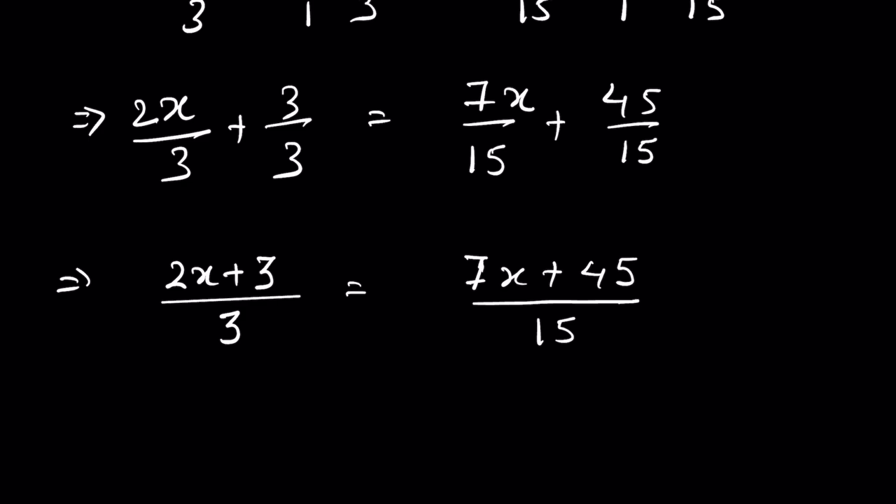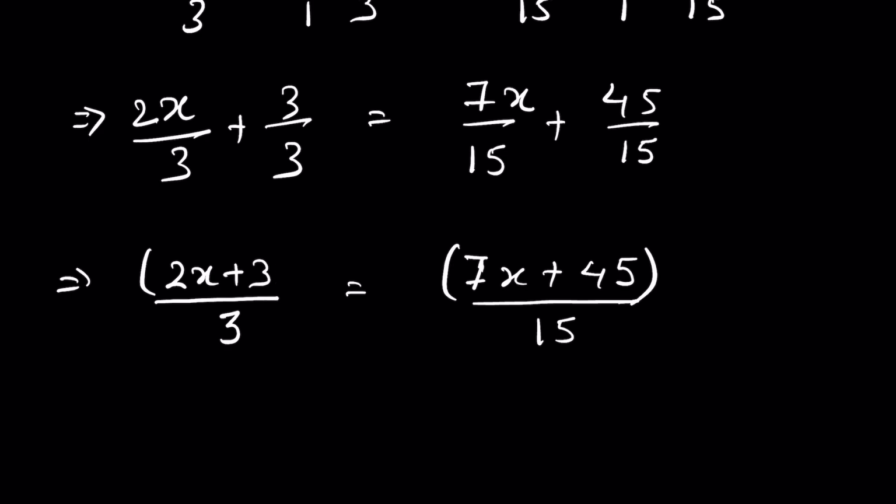Now the problem that students face is that they think they cannot add this because 2x is of a different family. It belongs to a variable because it has an x, while 3 is a number, so we cannot add them. But remember that when they have a common denominator, they are a single number, so we should write them like this in brackets so that you don't get confused.